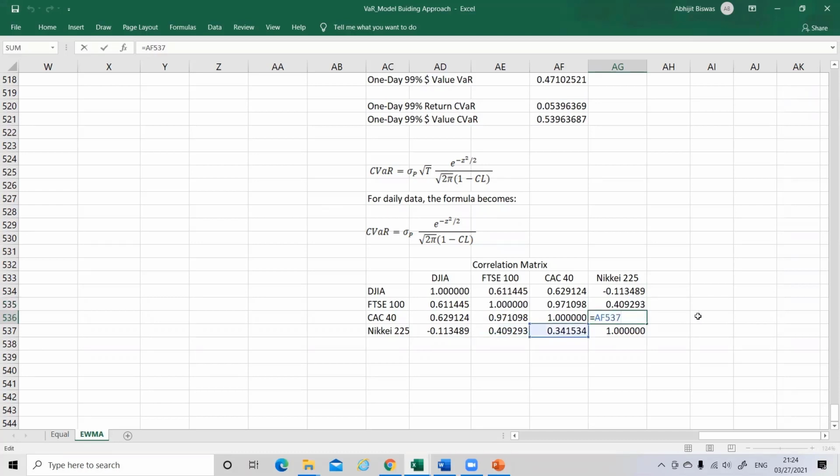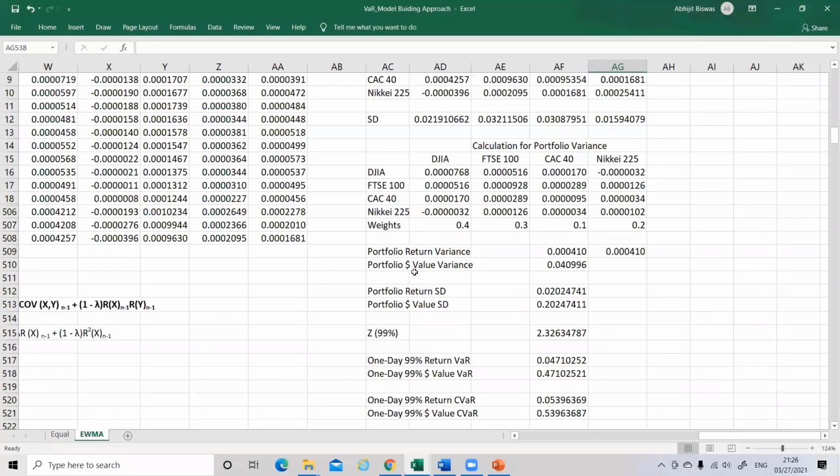This again is already done, just type equals AF537. And finally, this should be equal to 1 because it's the correlation between Nikkei and Nikkei, but you can cross check using the formula AG10 by AG12 into AG12. So finally, we have come to the end of this marathon session. Okay, so we have done it.